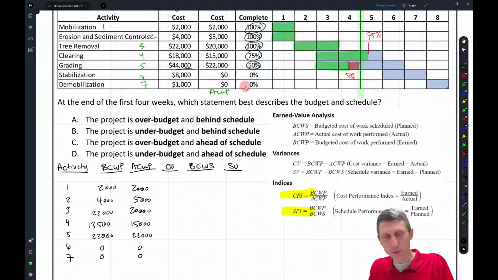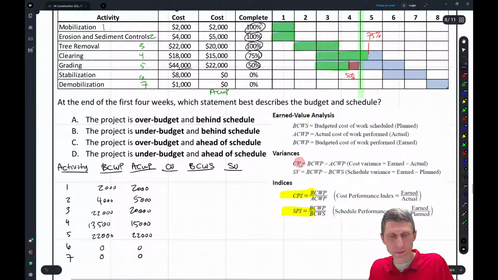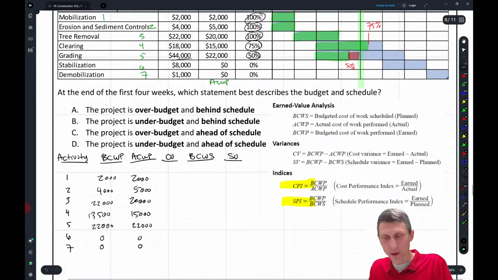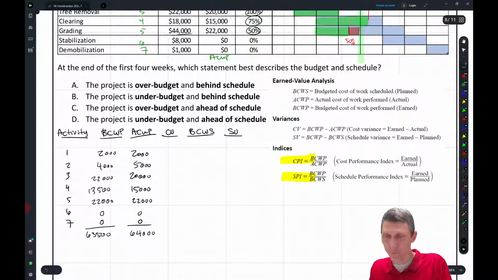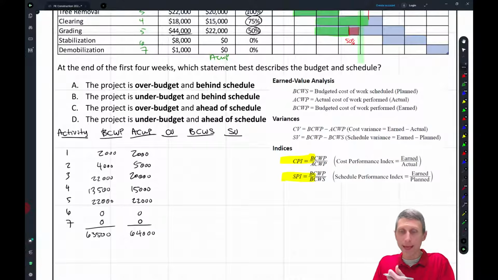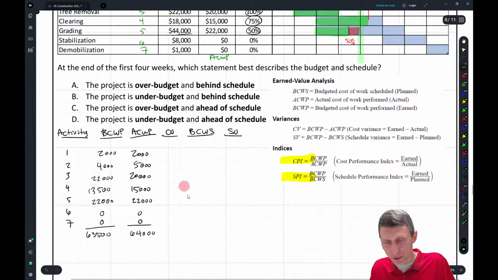And what we can see here is if we find the cost variance, we go through here, and some of these are going to be positive, some of them are going to be negative. We could also just add all these up, okay? And if we add them up, I think I got like 63,500 and 64,000. So what does that mean? That means our cost variance, right? What's our cost variance?